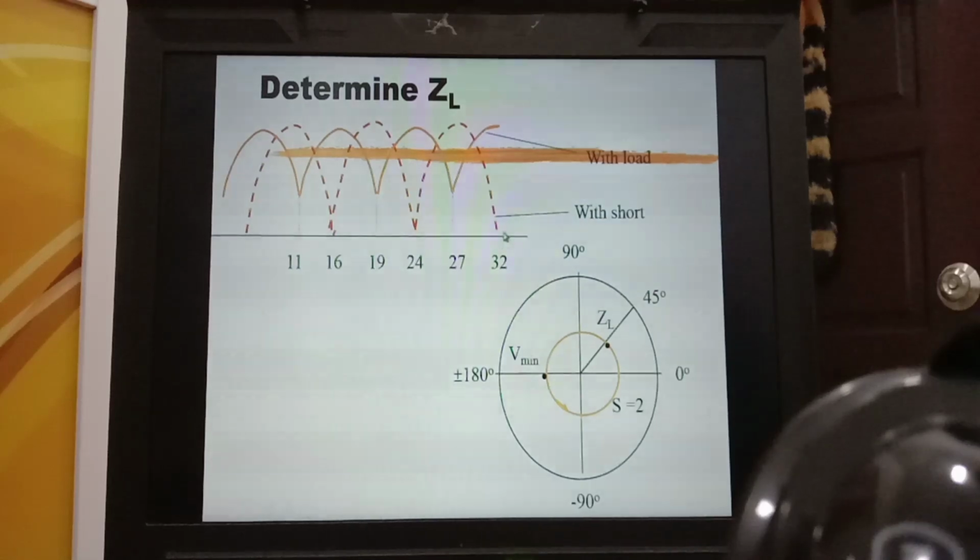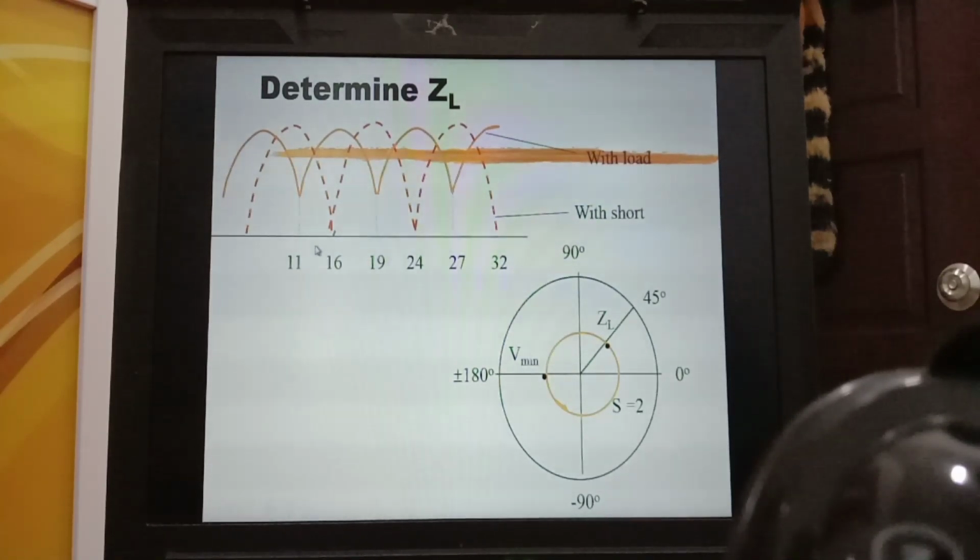Since we do not know the location of the transmission line end, we can compare the minima when the transmission line is terminated by the unknown load, compared to when it is terminated by a short circuit.